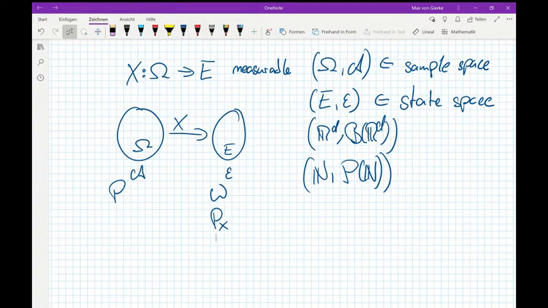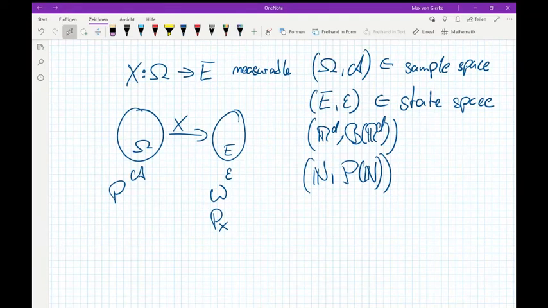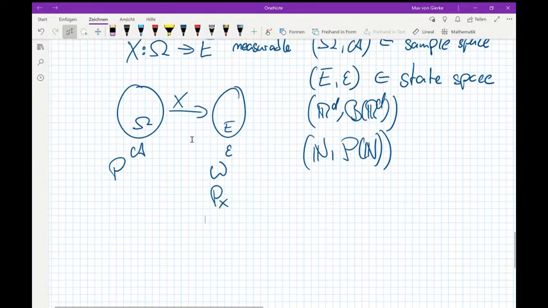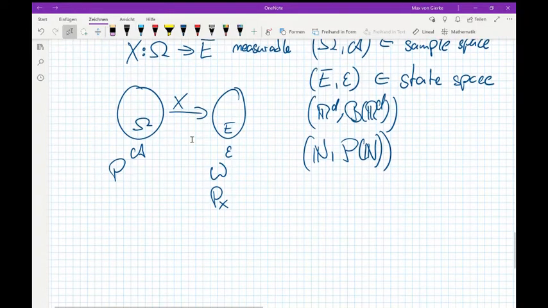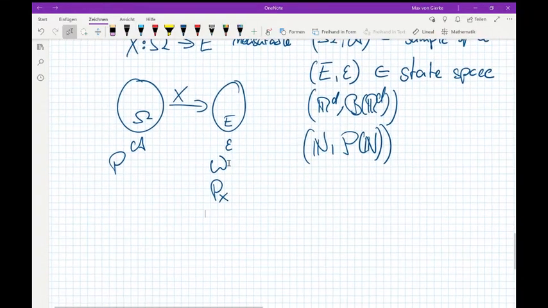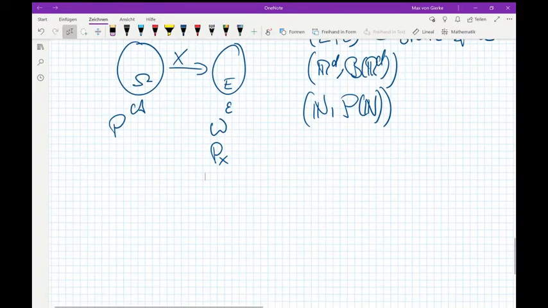Yeah, but that's the idea. And as I said, W is in here. So W is the conditional distribution of X. So it's again a distribution, and it's again somehow an image measure. Well, not exactly, but yeah, that's the idea. Okay, let's get to the exercise.